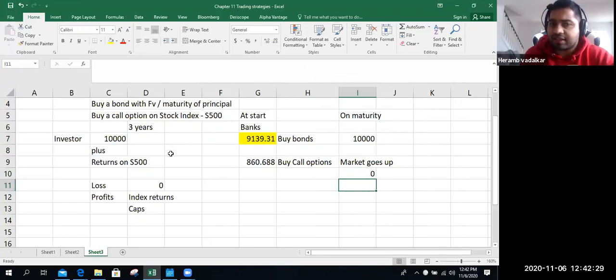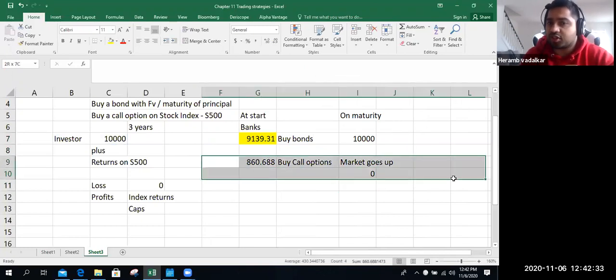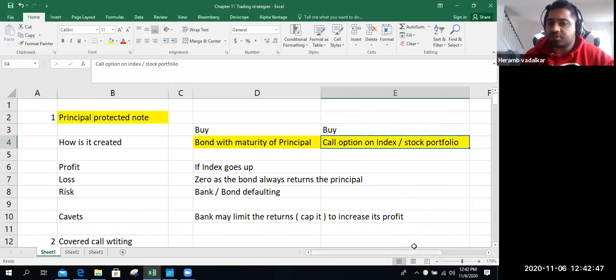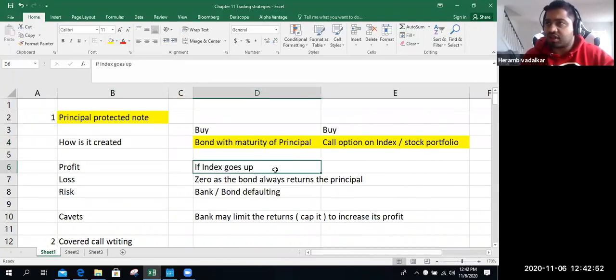So effectively, the investor doesn't lose any money, but he also gets exposure to the market. Okay. So this is principal protected note. How is it created? They buy bonds with maturity of principal, and they buy call options on an index or stocks. Profit: if the index goes up, call options become profitable and you get money from the note. Loss is zero because principal is always protected.